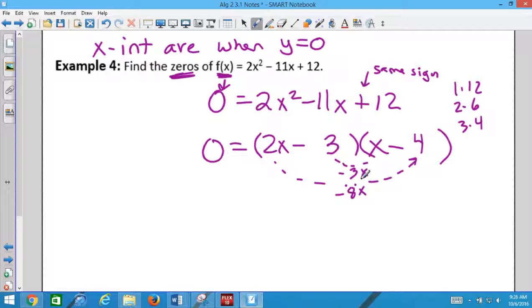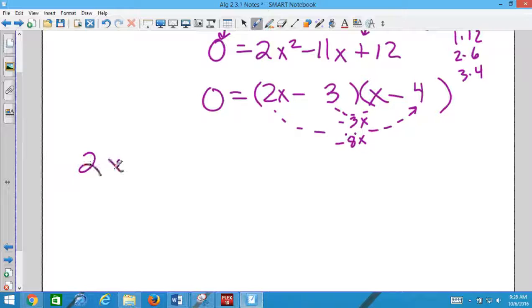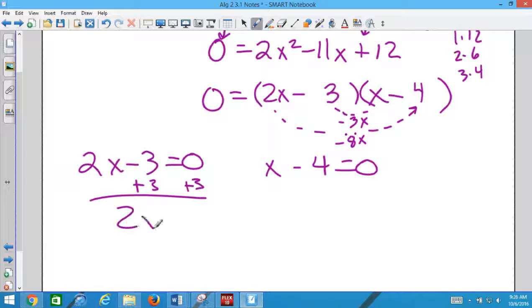So then we have it factored. Now what do we do with each factor? Set each factor equal to 0. And solve for each factor. So the first one, 2x minus 3 equals 0. I'm going to add 3. 2x equals 3.